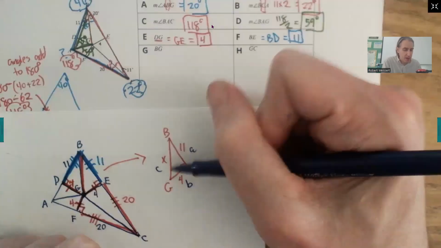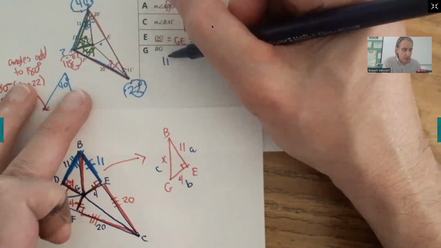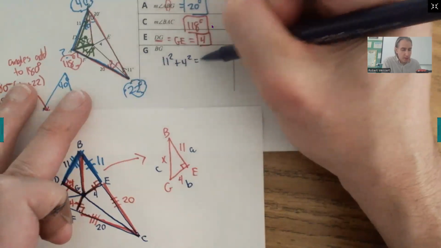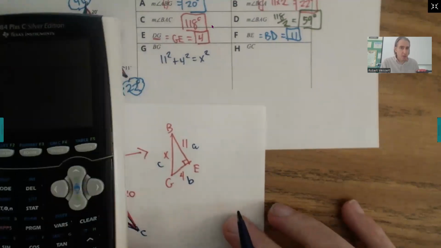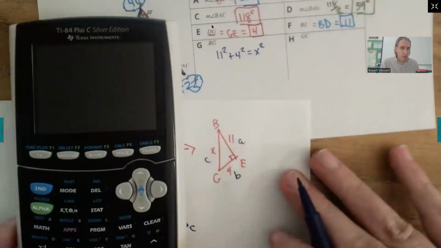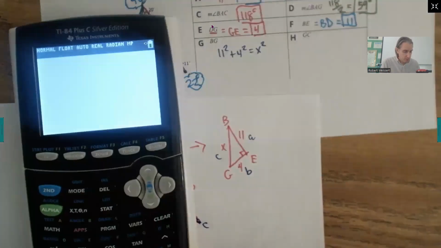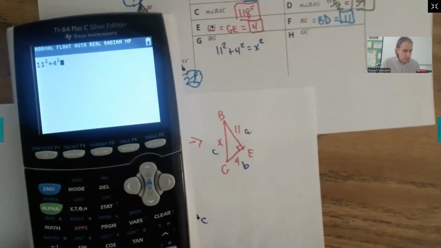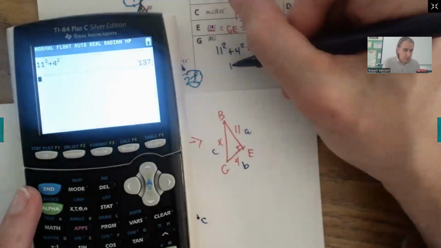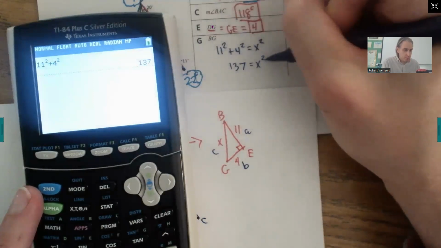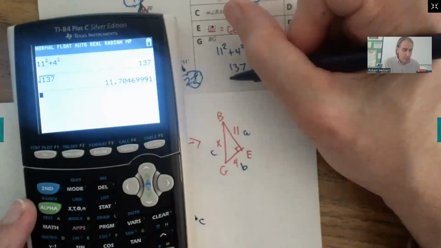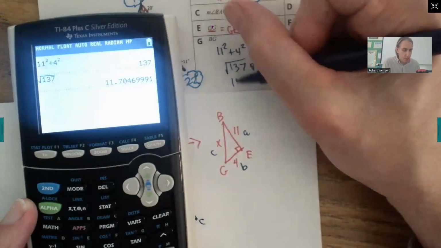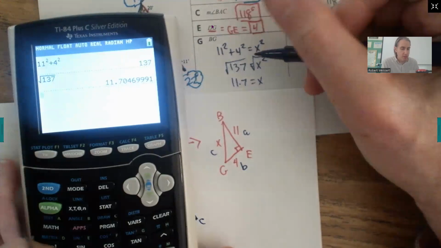BG ends up being the hypotenuse, so we'll say 11 squared plus 4 squared is equal to x squared. Add those two squared terms up, and then take the square root, and you'll have your answer. That's 137. Square root that 137, and you'll get about 11.7 for the length of BG.